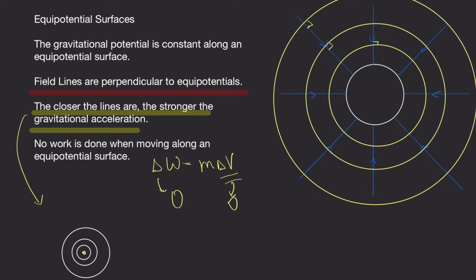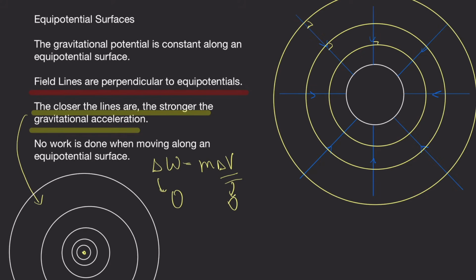But as I'm getting farther and farther away from it, the lines would keep separating more and more. I know these are not perfectly lined up, but the reason why their separation increases is because the gravitational field strength drops rapidly, because gravitational field strength is proportional to the inverse of the square of the distance.